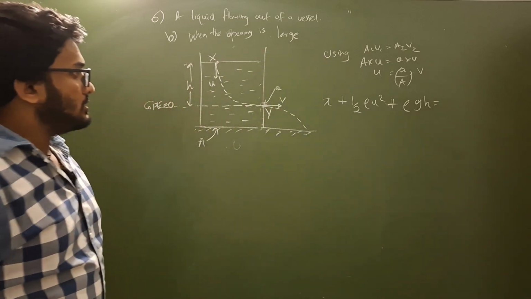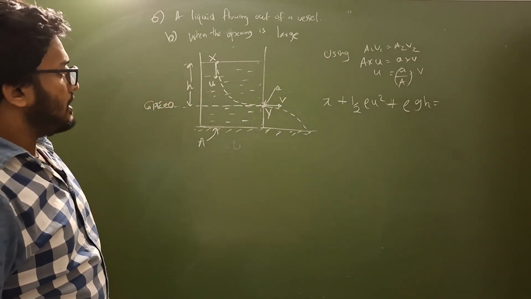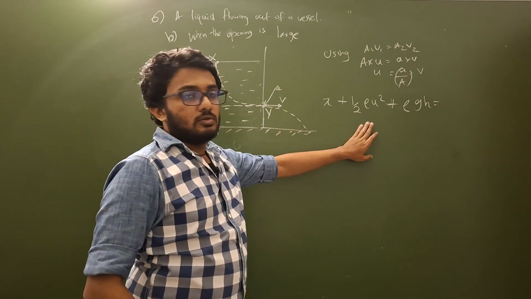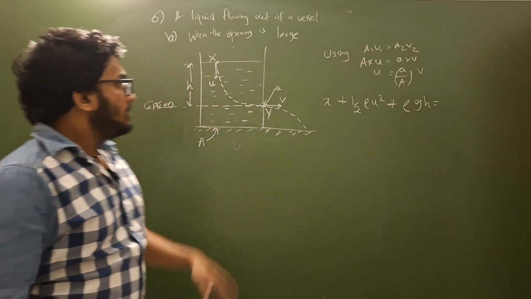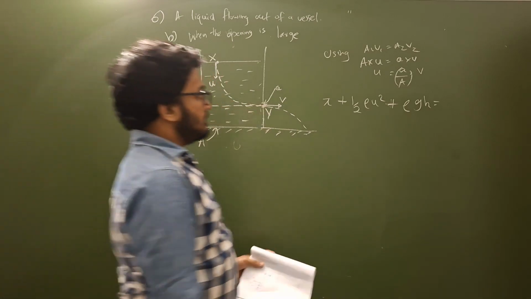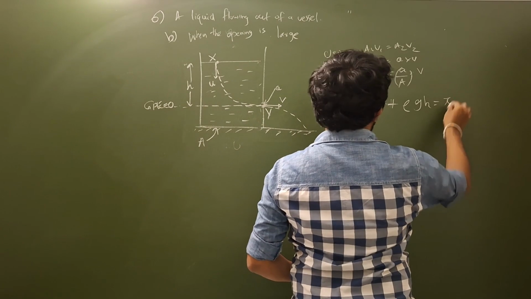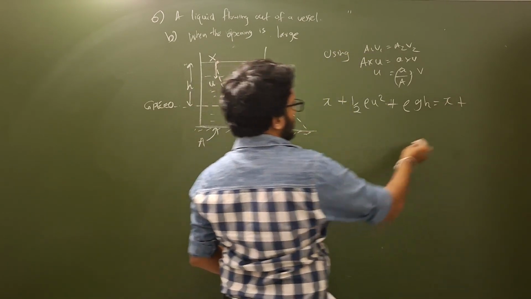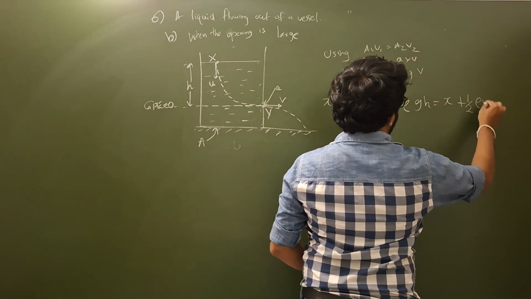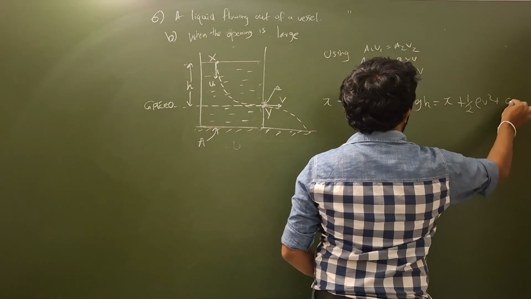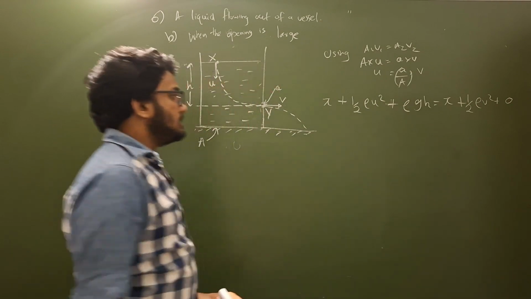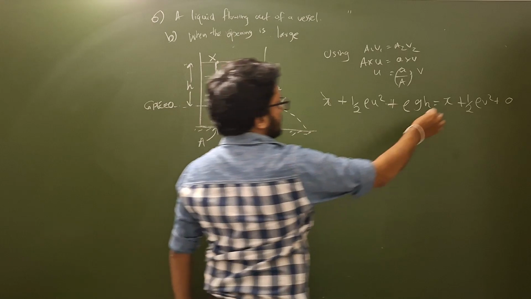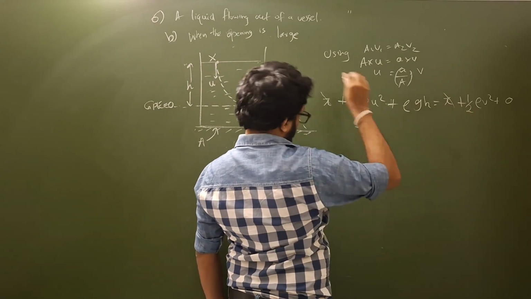That is the only term that we have there. Pressure plus half rho u squared plus rho gh. Here we have atmospheric pressure P1 plus half rho v squared, plus there is no potential energy term. So we can cancel P1 first, then we can cancel rho.